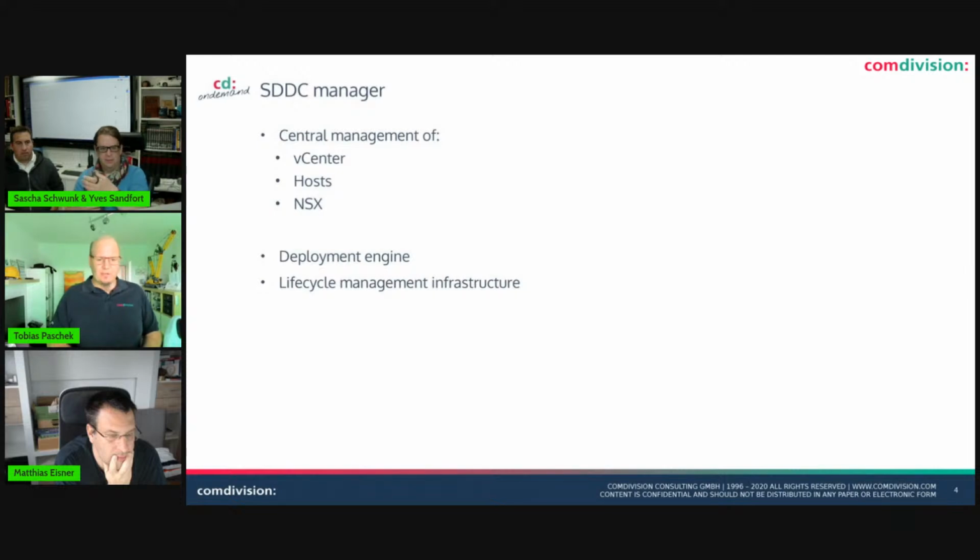And let's see what the future is bringing, how the whole multi-tenancy stuff is going on, because what we know so far as of today is that in the long run, maybe it will be planned that we will have, as a service provider, the ability to provide a single workload domain to a single customer. So this is part of the whole SDDC manager story in the vCF part.